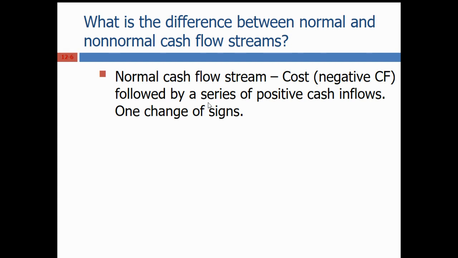It's just one change of sign, which means at the beginning of the project you need to spend resources and funds so that you start the project. It could be buying new machinery, so you need to spend your money. That is a net outflow, a negative cash flow. After that, from the second year onwards, you will have inflows, the income generated. So that is a positive sign.